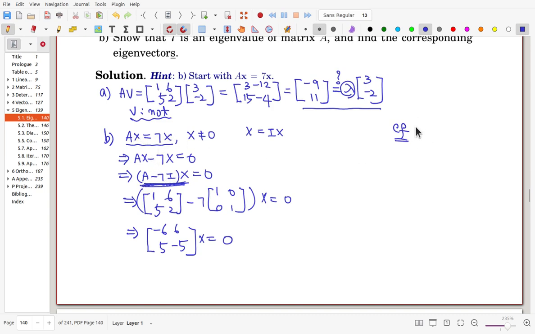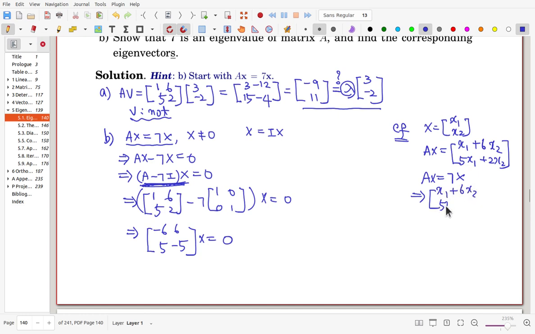Okay, now Ax equals 7x. If x is now x1, x2, then Ax is the same as, okay, the A is 1, 6, 5, 2, so x1 plus 6x2, and the second one must be 5x1 plus 2x2, right? Okay, so Ax equals 7x implies that x1 plus 6x2 and 5x1 plus 2x2 equals 7x1 and 7x2.